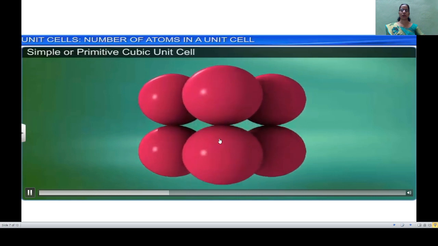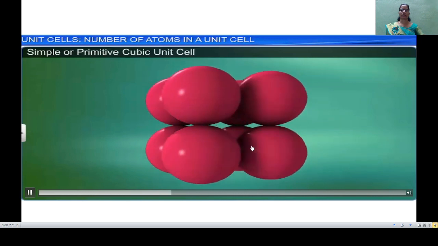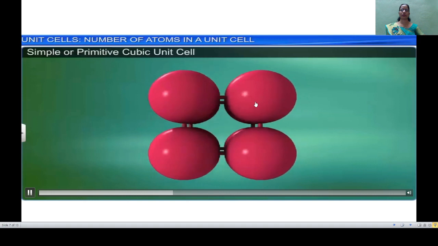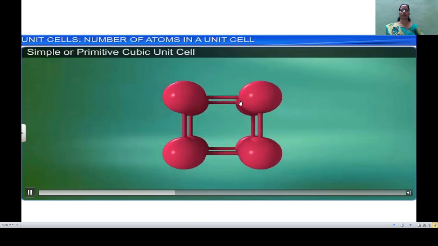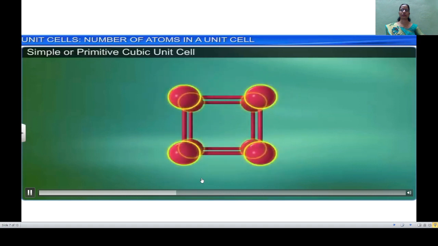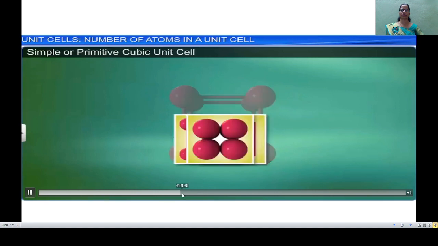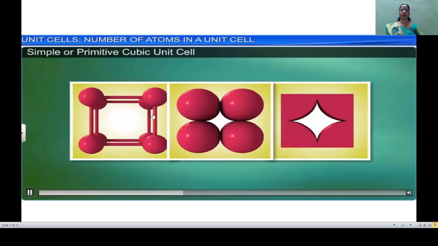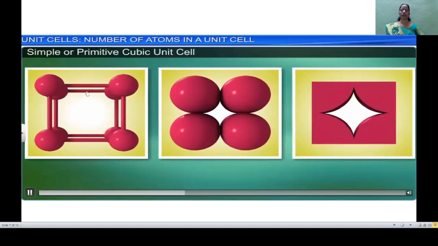Now you observe here, for our convenience, we are connecting these lines, but the corner particles are touching each other.